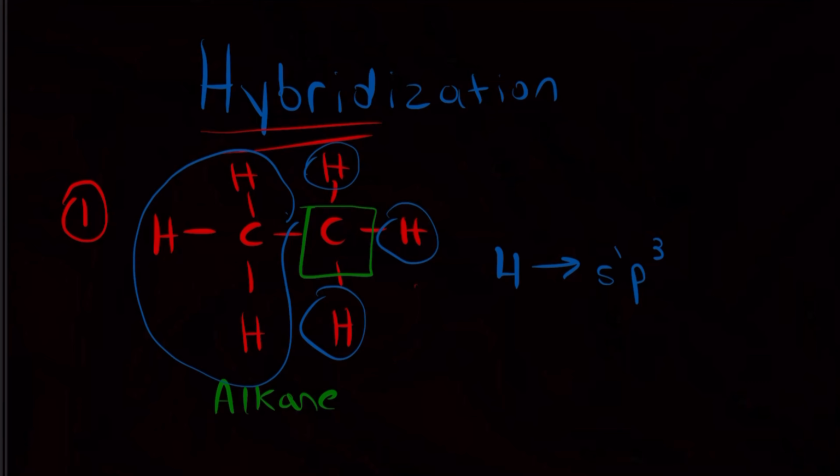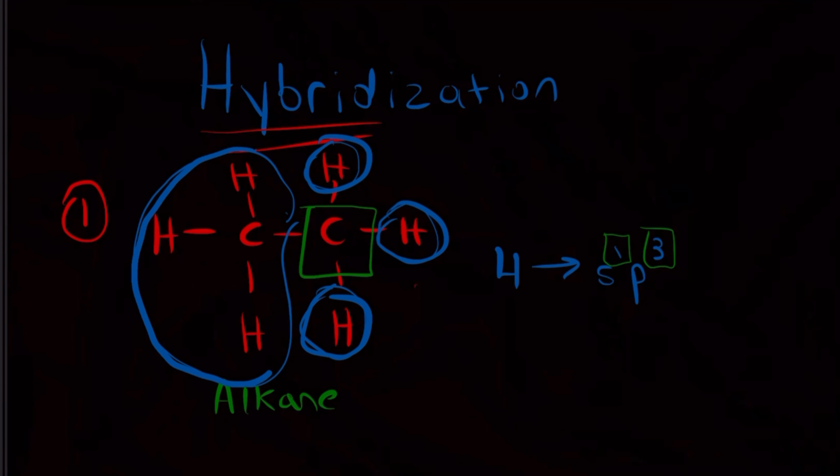Now, if we look at the exponents here, the exponents will add up to the amount of different things that carbon is attached to. Again, we said this carbon is attached to 1, 2, 3, 4 different things. So therefore, we have S1 and P3, and that makes up for the 4 bonds that carbon has made.